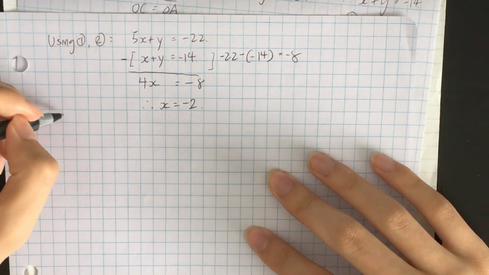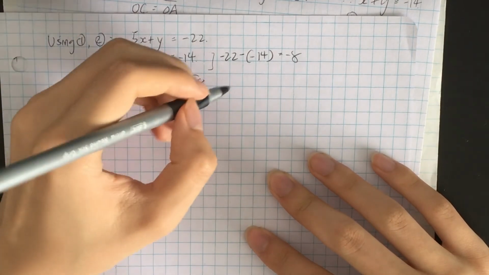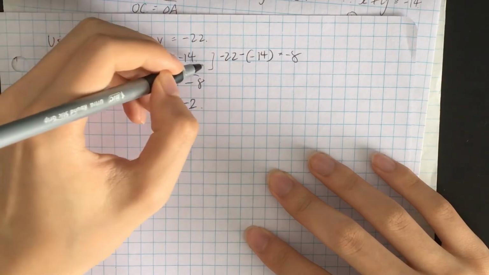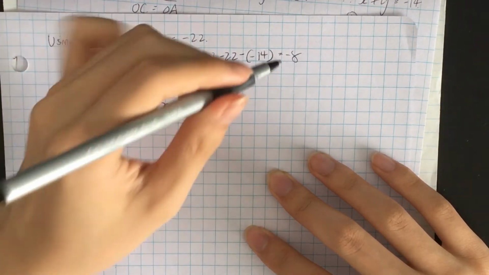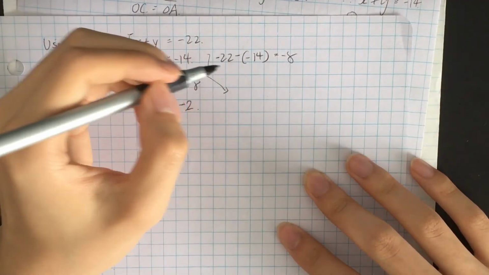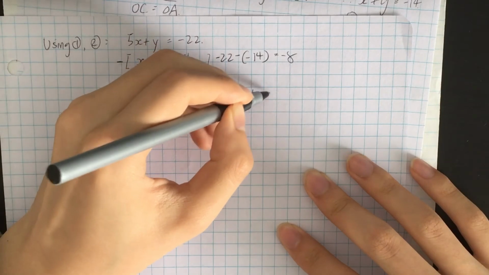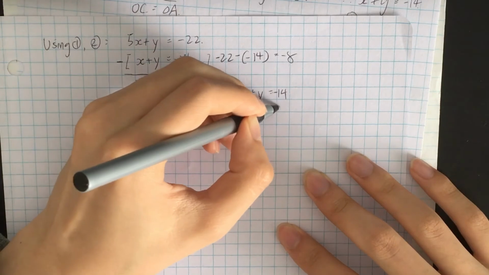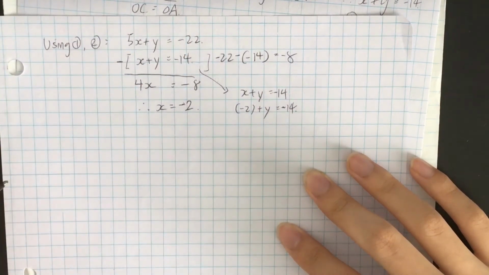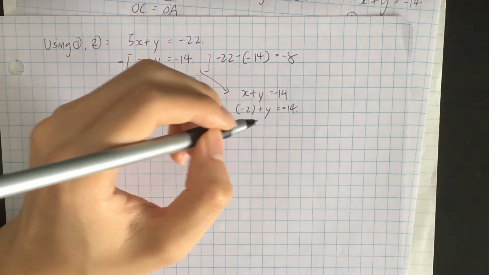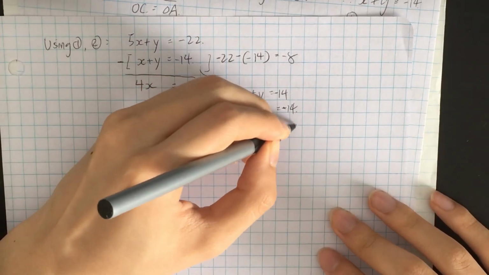So we substitute x equals negative 2 into this equation, and that's y minus 2.